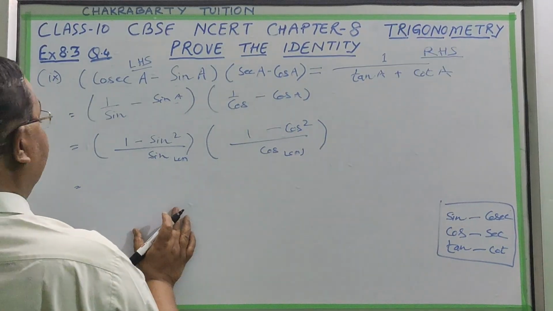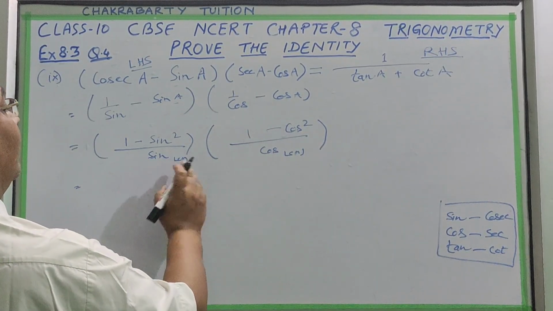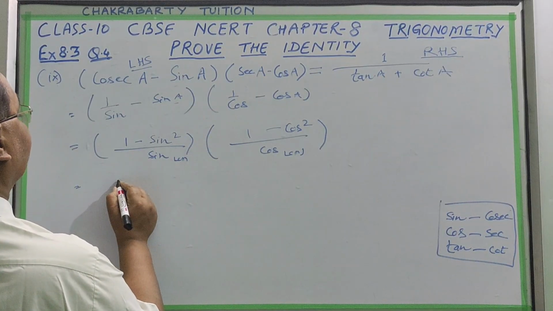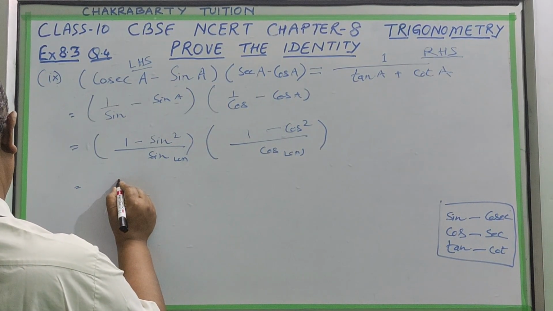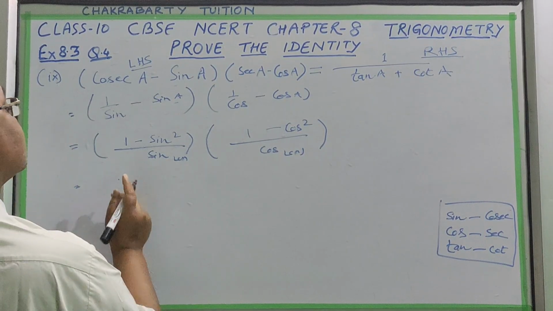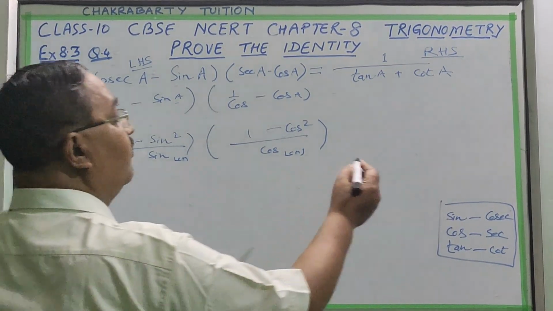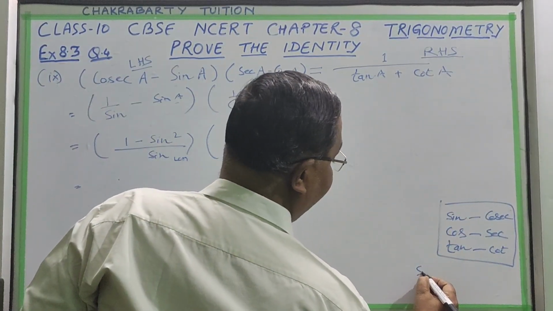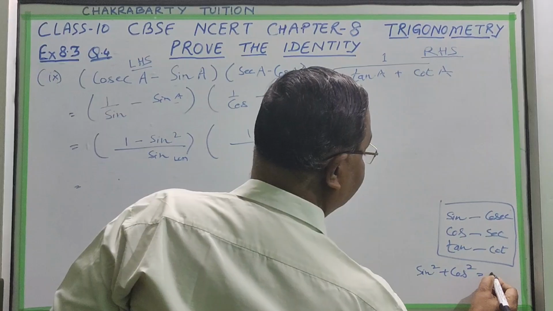So now what we can do, we have to multiply. Okay. We have one identity there: sine square plus cos square is equal to 1.